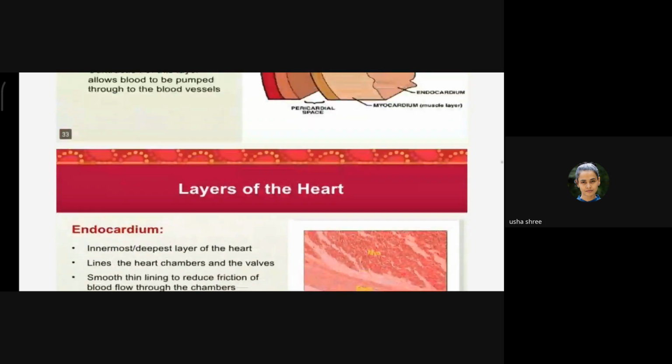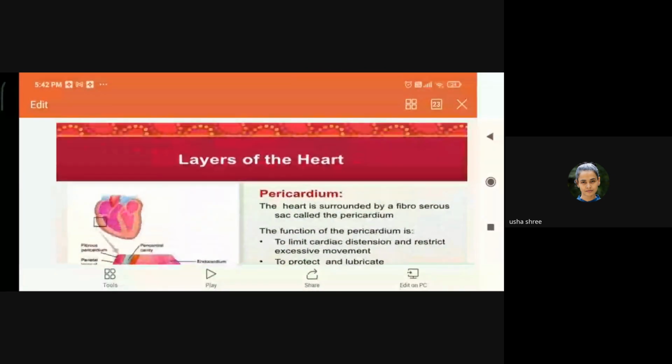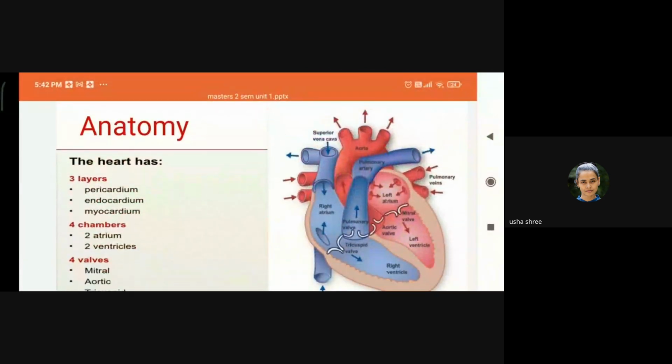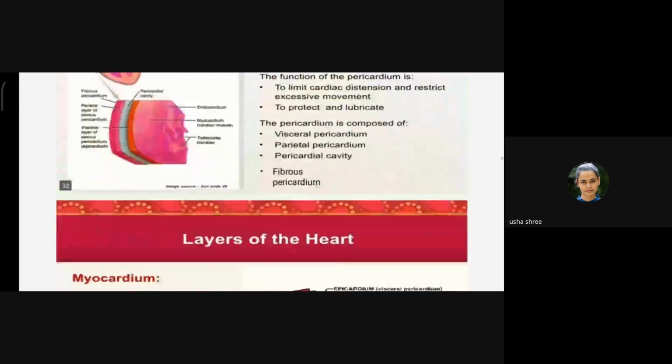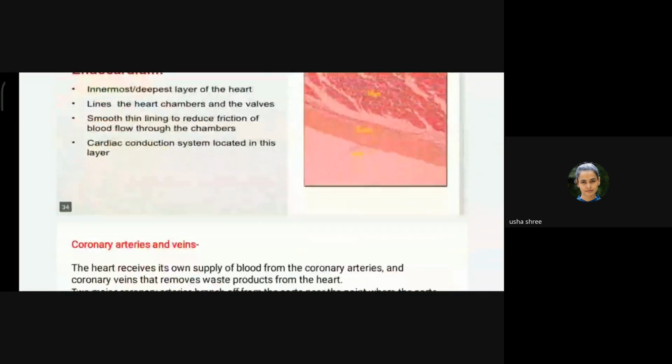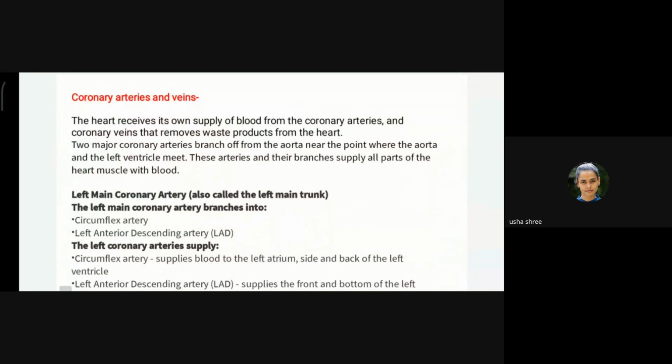You can see in this picture where the left ventricle and aorta are meeting. From that portion only, a branch of vessel separates for the coronary artery. These arteries and their branches supply all parts of the heart muscle with blood.